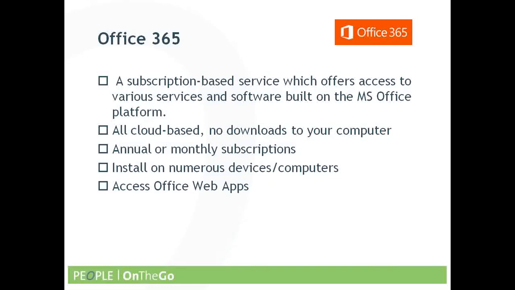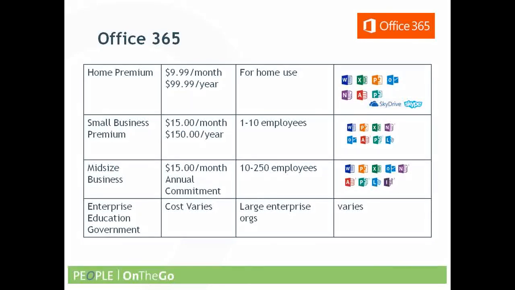So you are able to install Office 365 on numerous devices and computers. With the basic installation, you get 5. So if you were to subscribe to Office 365, you can put it on up to 5 computers or devices, and let's actually move forward to that.